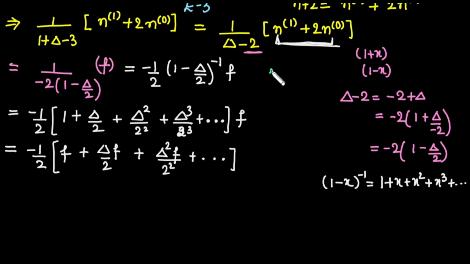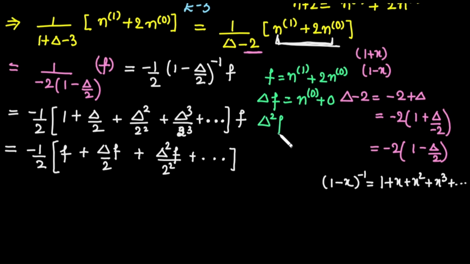Here we have taken f is equal to n raised to power 1 plus 2 into n raised to power 0 factorial polynomial. When you apply the delta over here, it is like a derivative. Its derivative is constant and constant is represented by n raised to power 0 plus 2 into constant, whose derivative is 0.